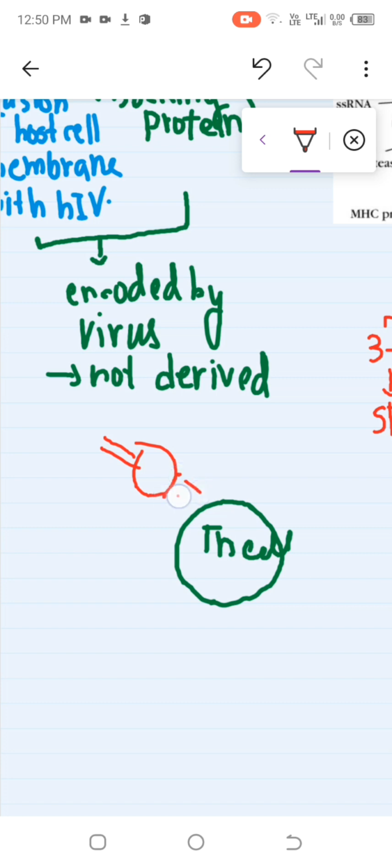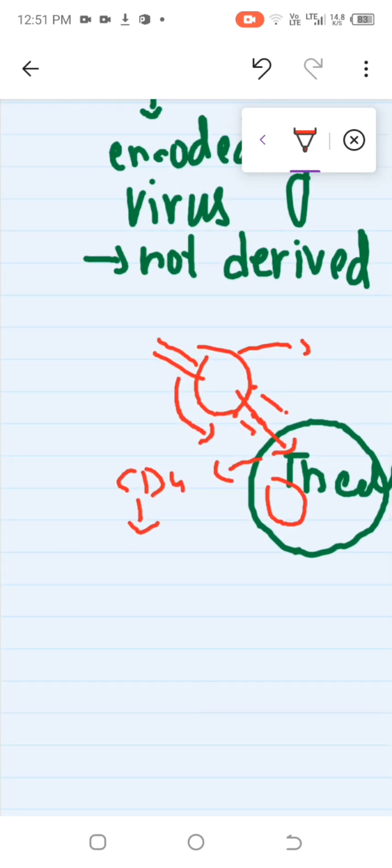These receptors will bind, and GP41 will help to fuse this inside the cell. So the fusion is done by GP41, and the binding is done by GP120. The T helper cell also contains the receptor CD4, which is cluster of differentiation 4.